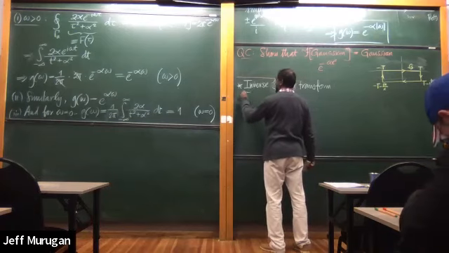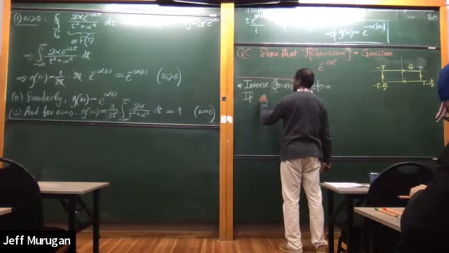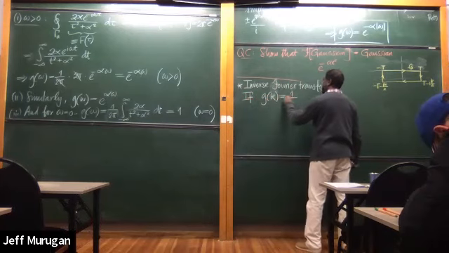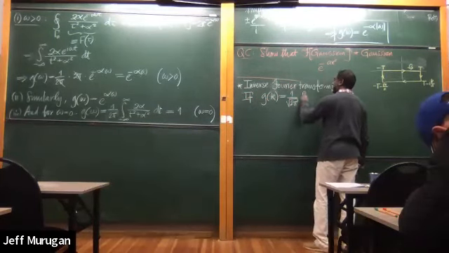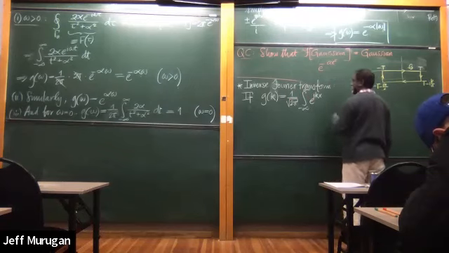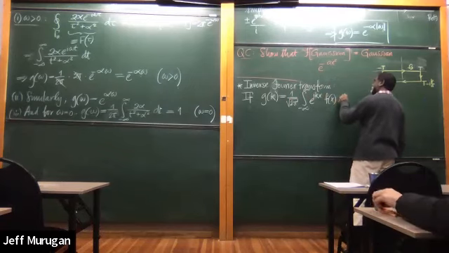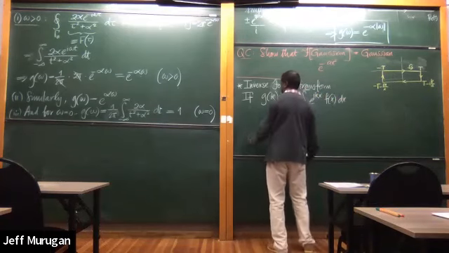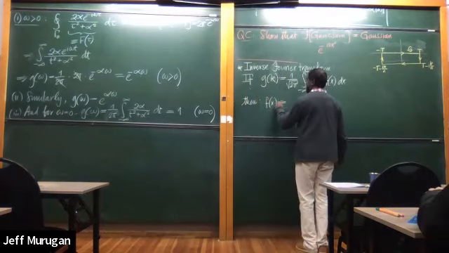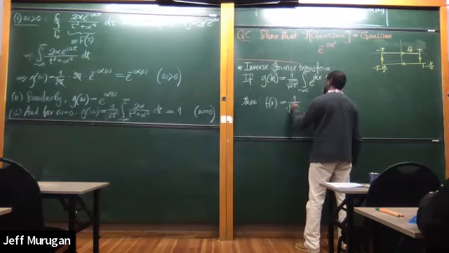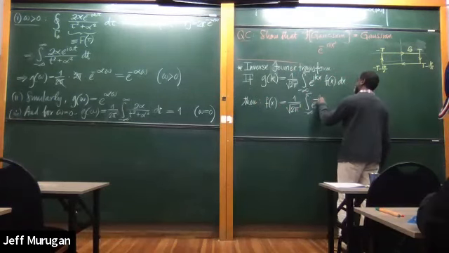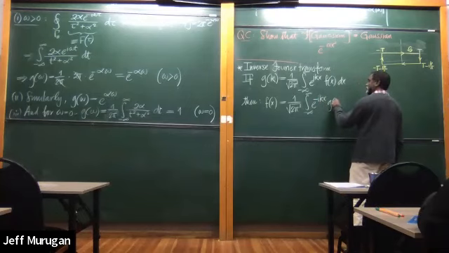If g of k is 1 over root 2 pi times the integral from minus infinity to infinity of e to the i k x f of x dx, then f of x is 1 over root 2 pi times the integral of e to the minus i k x g of k dk.